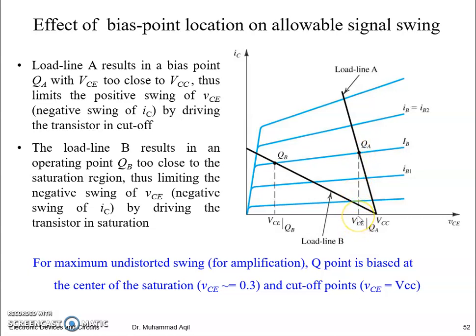But for our AC swing, increase in VI will increase AC VBE, will increase total VBE, will increase IC, and that increase in IC will decrease VCE. So as far as decrease in VCE and increase in IC, it's okay.